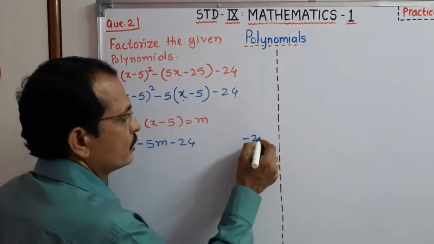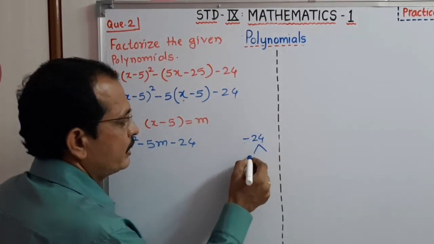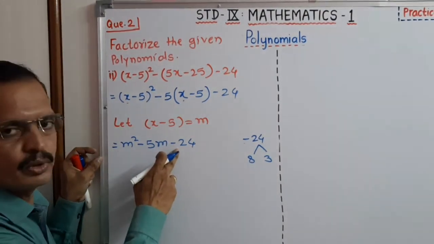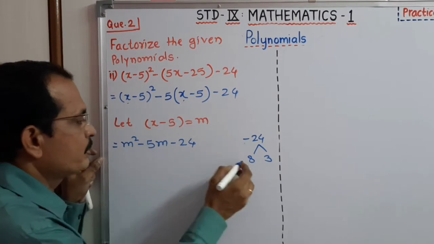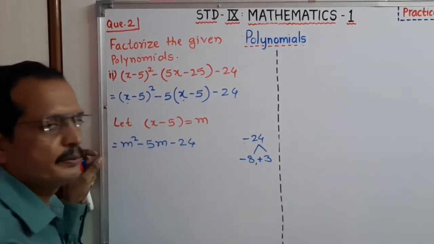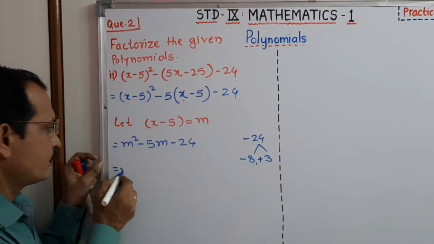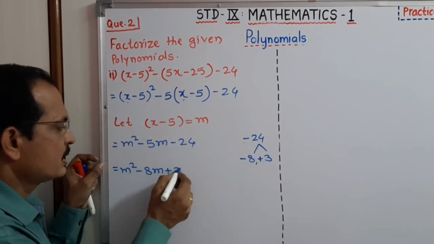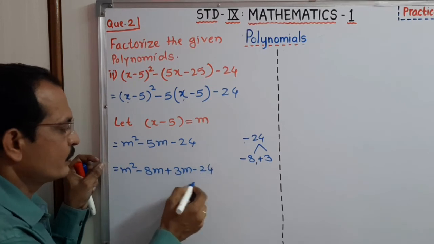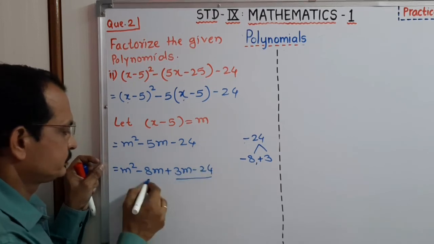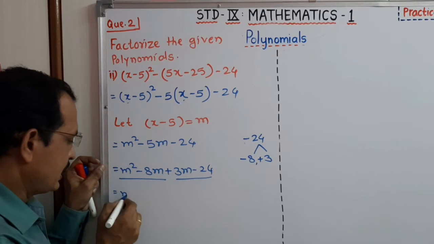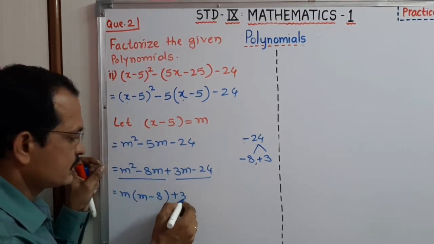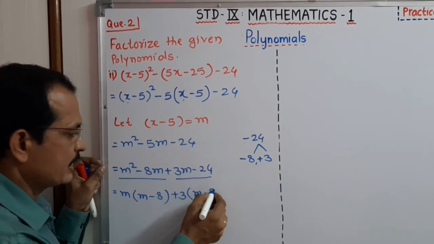Minus 24 factors are 8 and 3. Minus sign is there, therefore minus 8 and plus 3. So m square minus 8m plus 3m minus 24. M is common: m minus 8 plus 3, it is m minus 8.